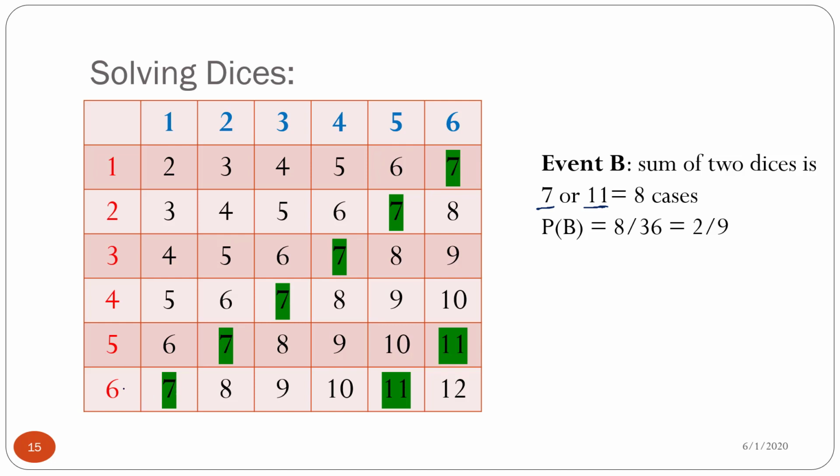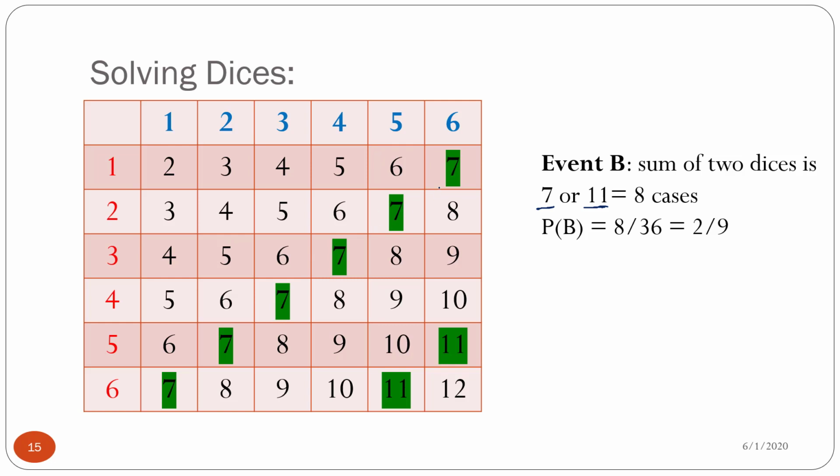If you want to double check, 6 on the first dice, 1 on the second dice. You add up, that is 7. 5 and 2, 4 and 3, 3 and 4, 2 and 5, 1 and 6.